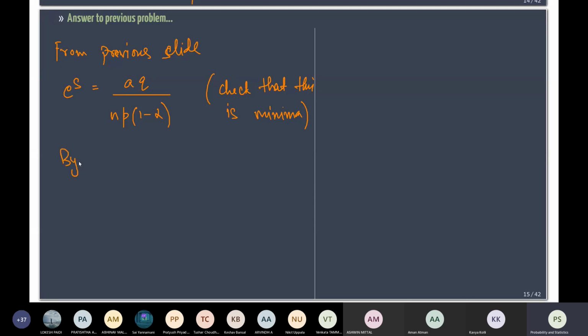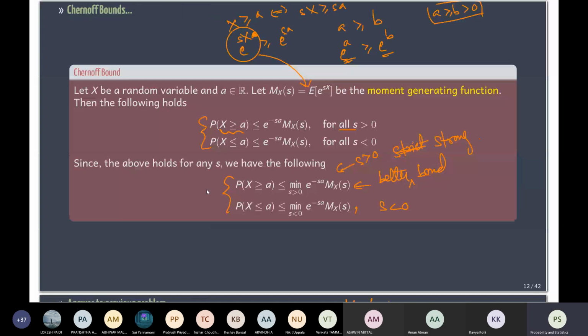Now, by using the Chernoff bound, because this example was to use the Chernoff bound, right? So using the Chernoff bound, the probability that X is greater than or equal to alpha n, which is what we are supposed to find for the binomial, is less than or equal to, and what was that Chernoff bound? e to the minus sa, right? So X greater than or equal to a.